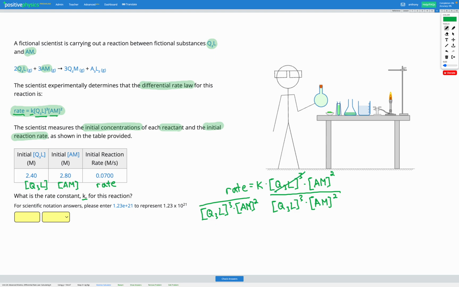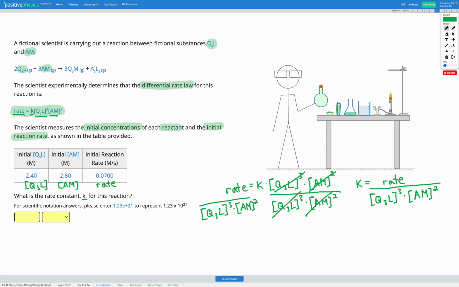So that's going to cancel out on the right-hand side, leaving me with K equals rate divided by the concentration of Q3L cubed multiplied by the concentration of AM squared. Okay, so there's our equation for K.